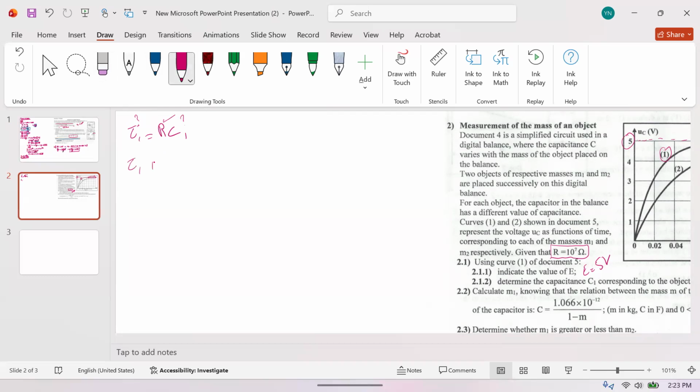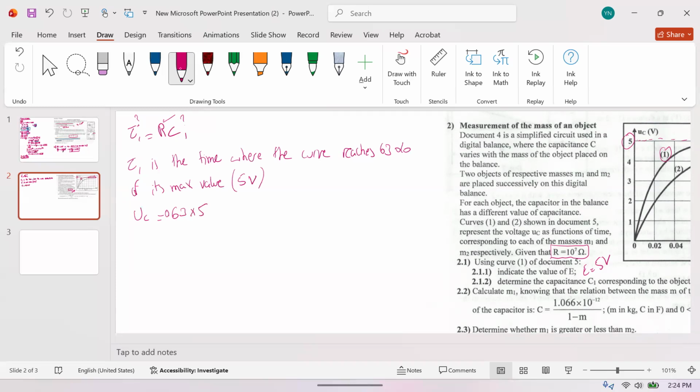Tau 1 is the time where the curve reaches 63% of its maximum value. And since the maximum value is 5 volts, we can clearly say that at the time tau, the voltage is 63%, or 0.63 times 5.